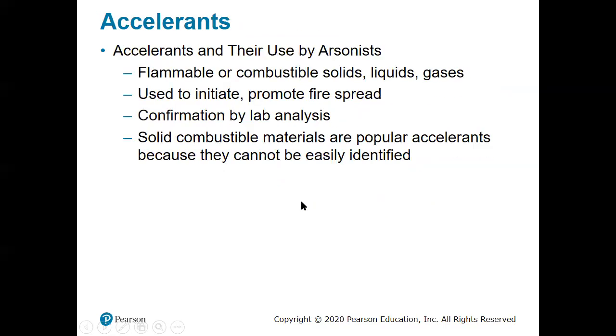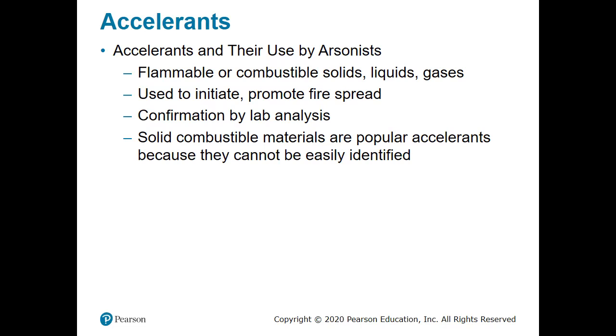And then finally, accelerants. Accelerants are not in any of those hazard classes that we talked about, but generally speaking, accelerants are flammable substances, either in the solid, liquid, or gas phase. And what they are used to do is be basically fire starters. They can initiate the fire, they can promote its spread, and generally speaking, they can make it happen way faster than anything would otherwise be expected to do.